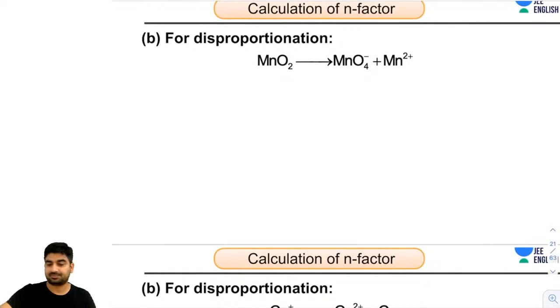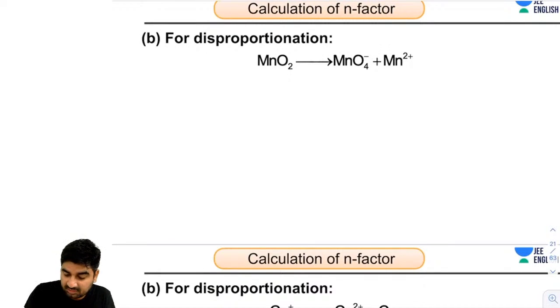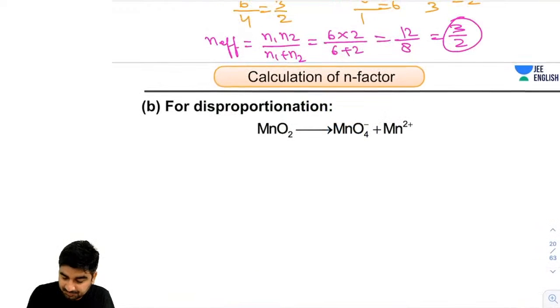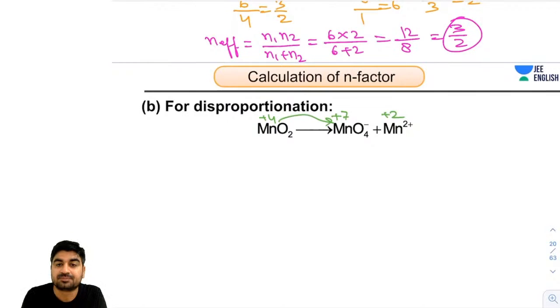Yes, Amy, Kishan, Prabhat, anyone. So here again, guys, when you solve it, this is plus 4, this is plus 7, and we have plus 2, right? So when it is moving from plus 4 to plus 7, oxidation of Mn is taking place, and from plus 4 to plus 2, reduction.